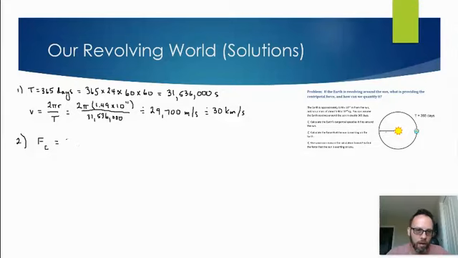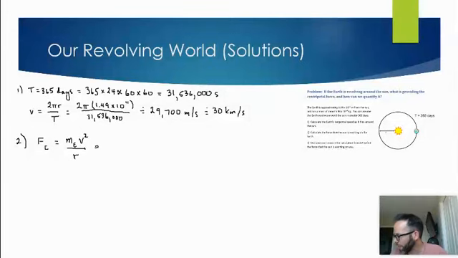So I'll use m_e to indicate the mass of the Earth. Remember, acceleration was v squared over r. So Fc equals m a, we get m_e times v squared over r, and we actually have those things.